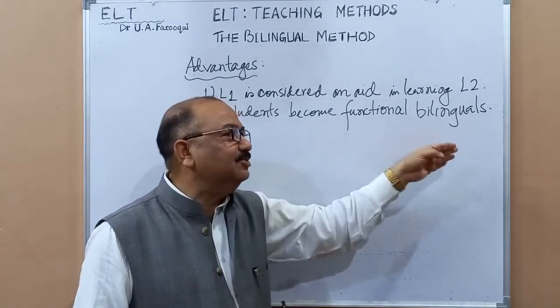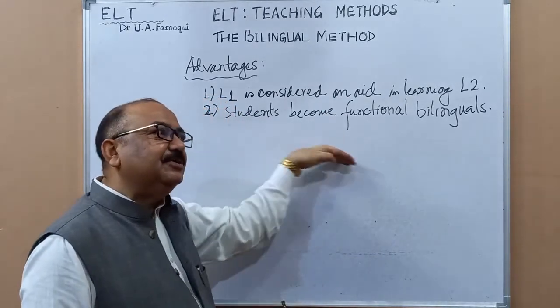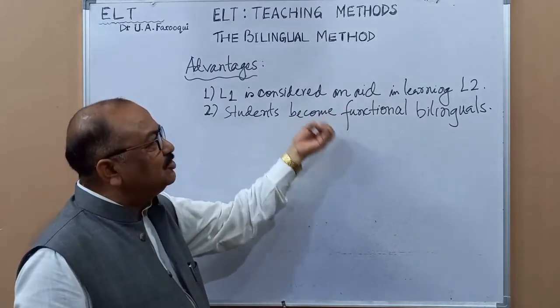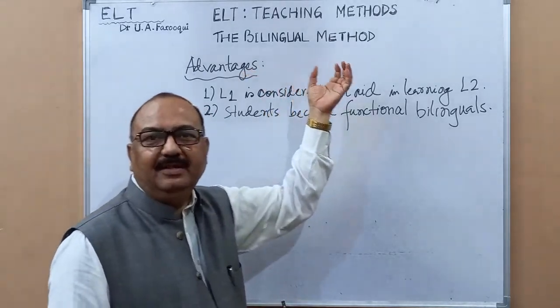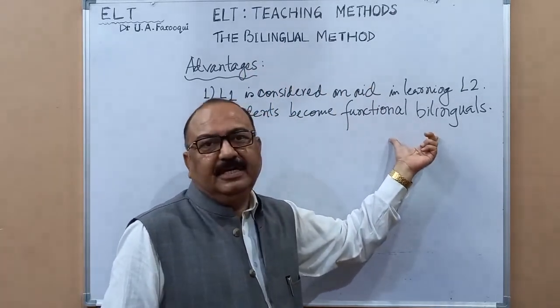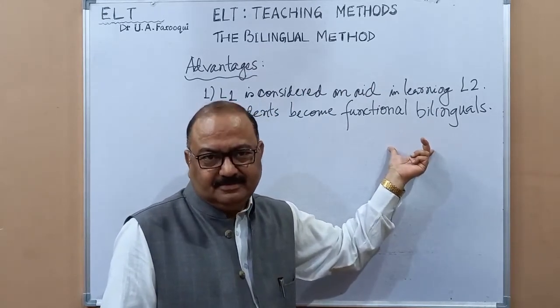Known is the mother tongue and unknown is the target language. When they see this movement, students also learn the two languages well. They become functional bilinguals. This is a very important merit of the bilingual method.